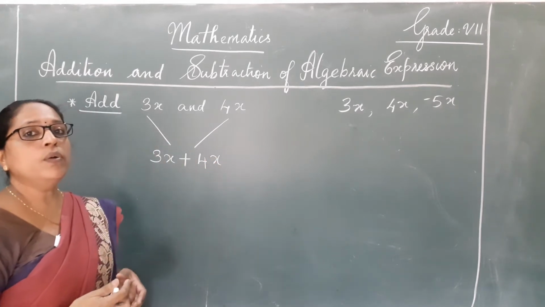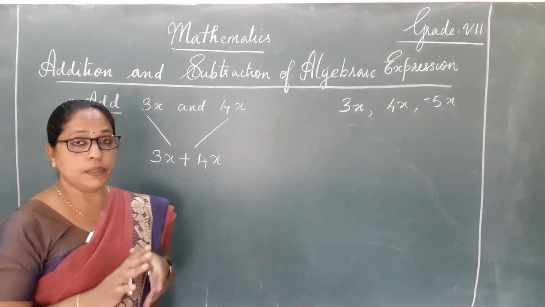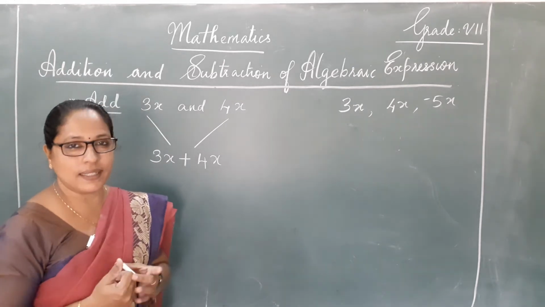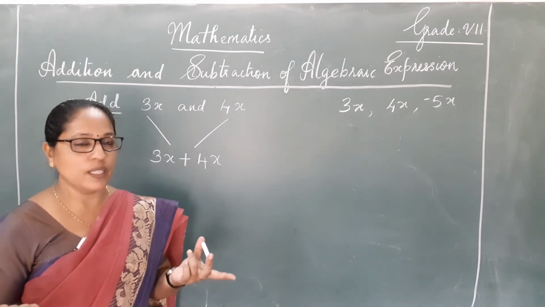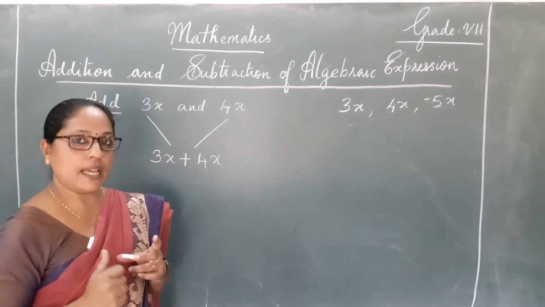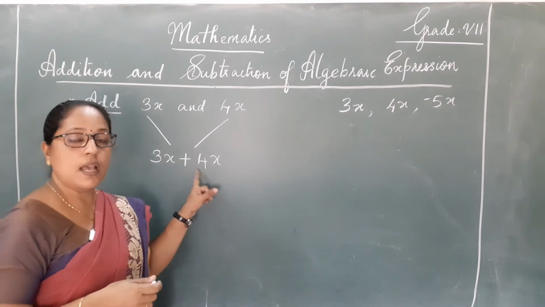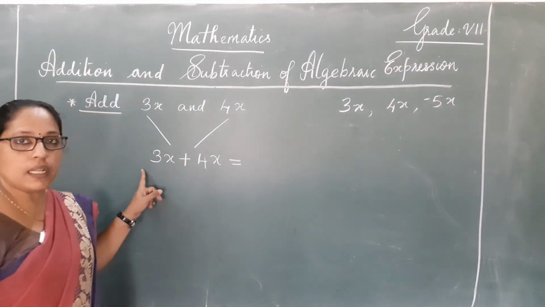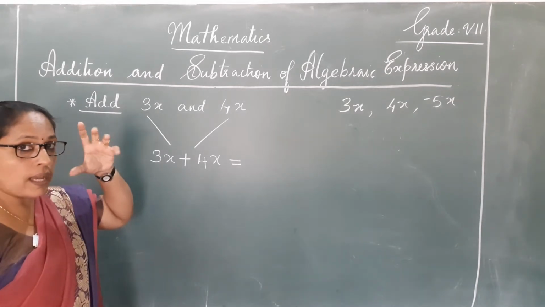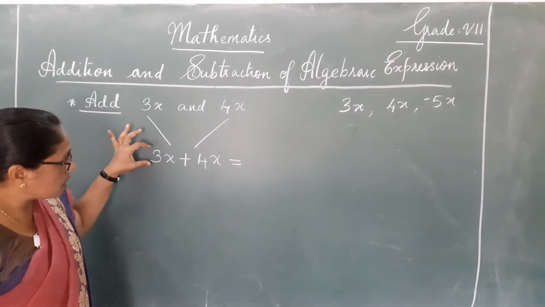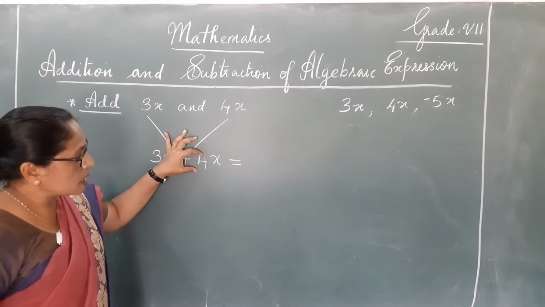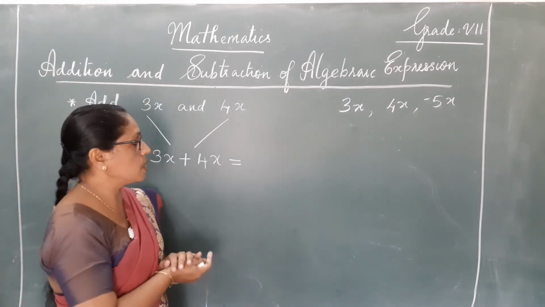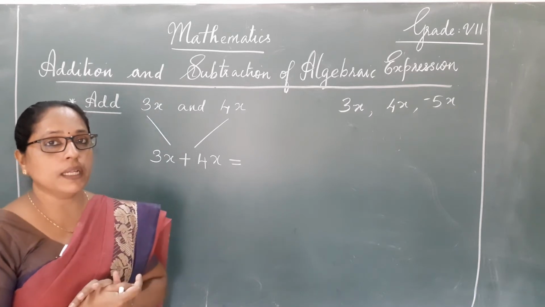You know how to add normal numbers, right? How do we add like terms? Any idea? Yes, add the numerical coefficients. What are the numerical coefficients here? With the sign you have to see. The numerical coefficient is positive 3, and here it is positive 4. Add those two numerical coefficients.